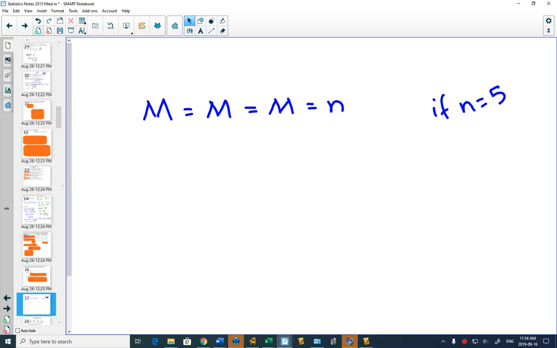What does this mean? There's 5 terms. The mean is 5, the median is 5, the mode is 5. What are the 5 numbers? You could have all 5s as one possibility. Are there other possibilities? Yes. So one possibility is exactly that.